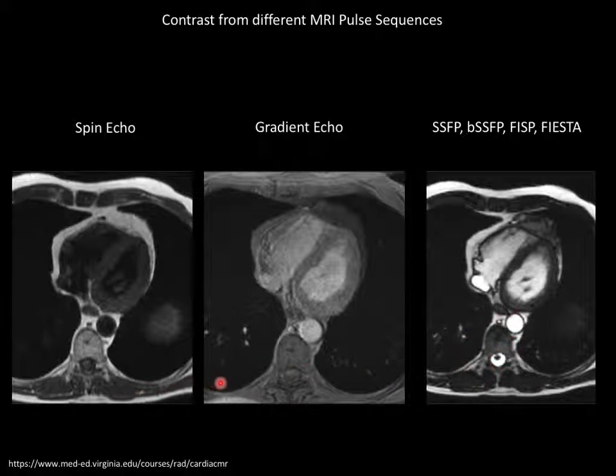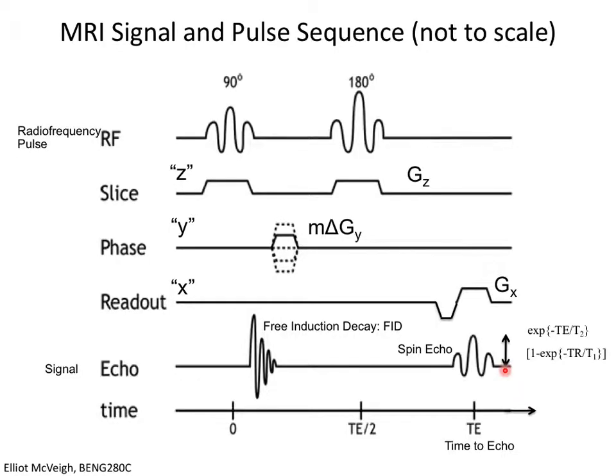You can see also, it's worth noting here on a spin echo image, the contrast from the cerebral spinal fluid is quite dark here. In fact, it's probably negative. Here, it's somewhat in the middle of the road, and here, the cerebral spinal fluid is extremely bright. Right? And so these are three different contrast mechanisms.